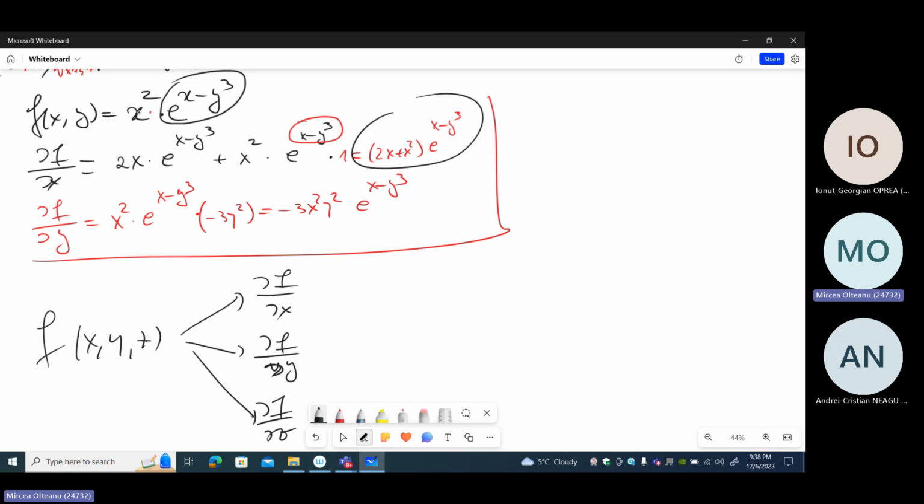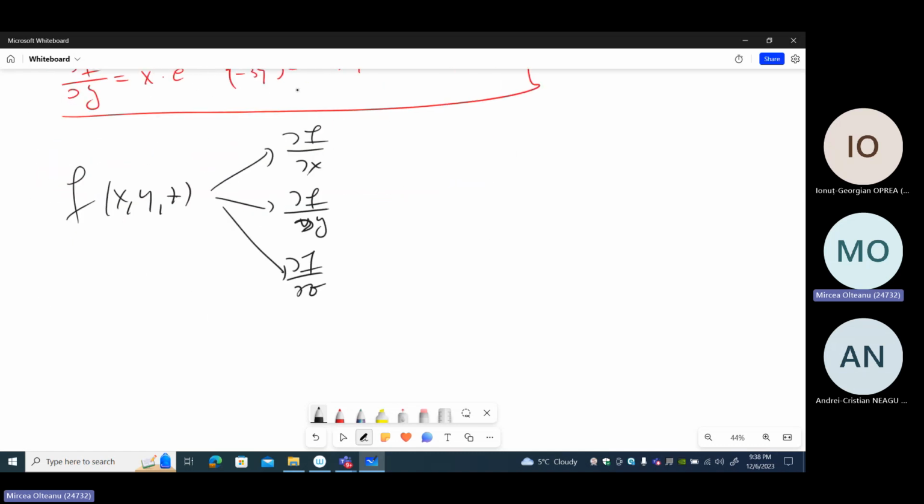You see, here I didn't compute the partial derivative with respect to x at some particular point. Now we can do it if we want, because we have the general expression. So what I'm trying to say is that the partial derivatives are actually functions exactly like the function from the beginning. Each of them is a function of 3 variables. It applies to x, y, z, if the initial function was a function of 3 variables.